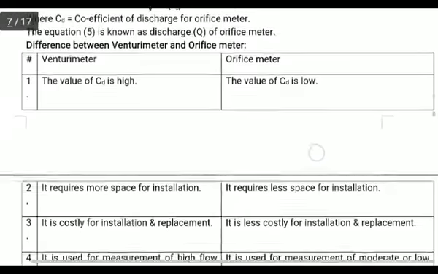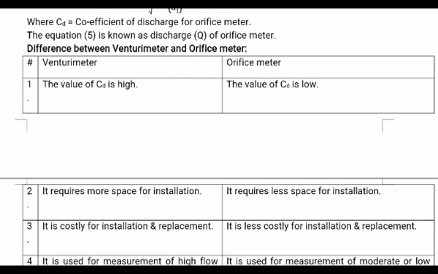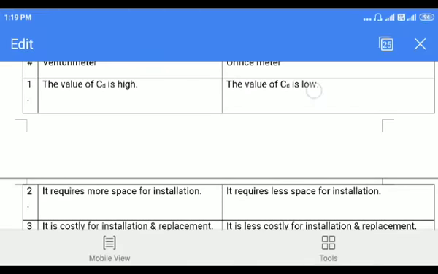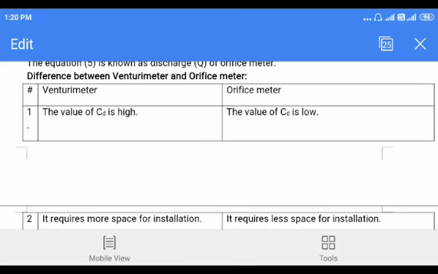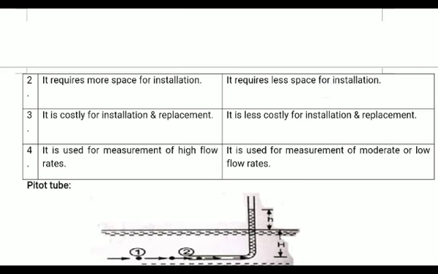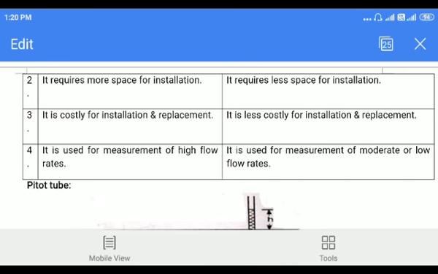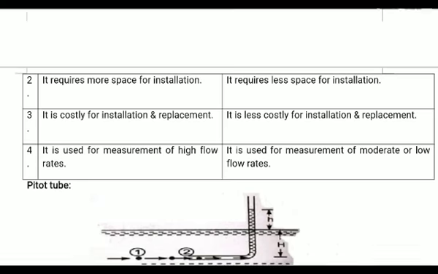Now quickly let us see the difference between the venturimeter and orifice meter. First, the value of CD, the coefficient of discharge, is high in the venturimeter and low in the orifice meter. Second, the venturimeter requires more space for installation, whereas the orifice meter requires less space.